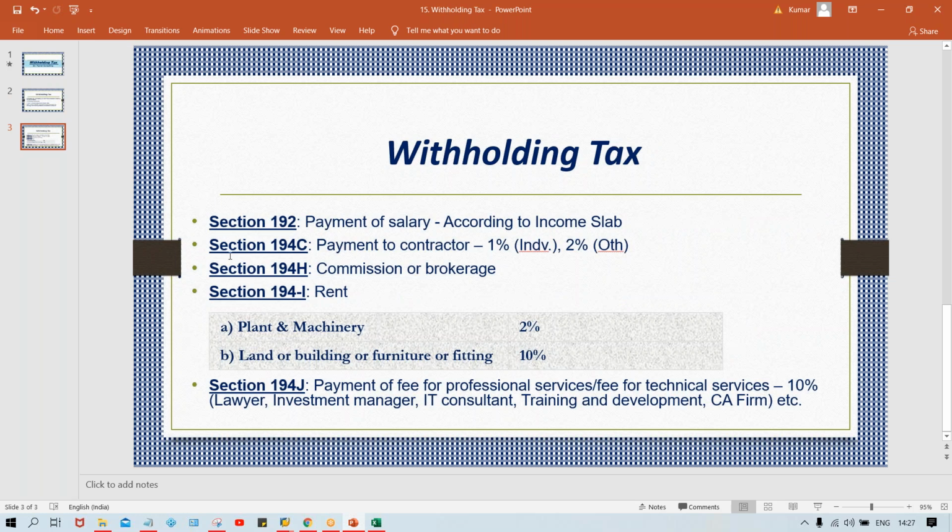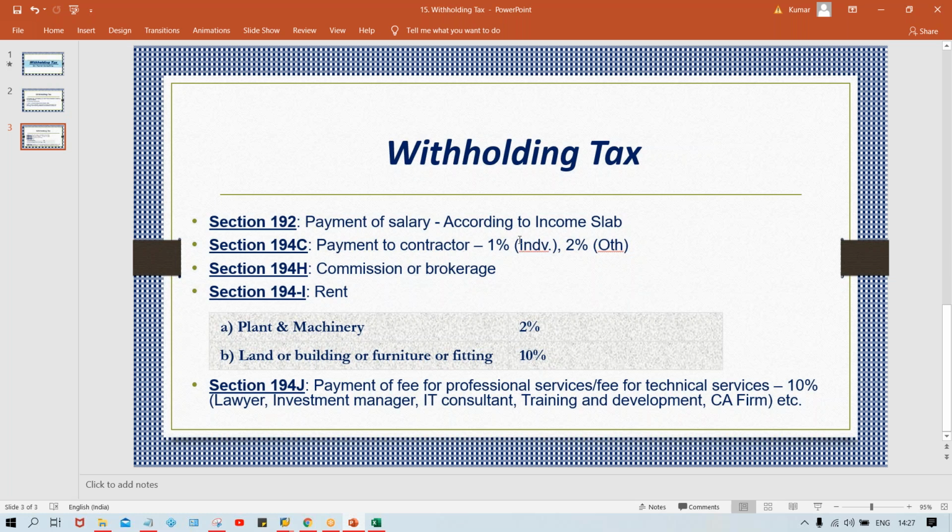Now look here, guys. Certain sections I have specified: sections under 192, 194C, 194H, 194I. Likewise, in every country, certain procedures, rules and regulations will be there, and as per that, the taxes are going to be applicable. If you talk about payment to a contractor, what percentage is applicable?